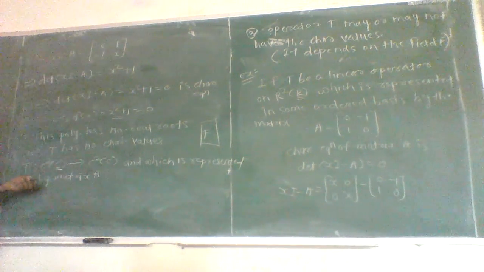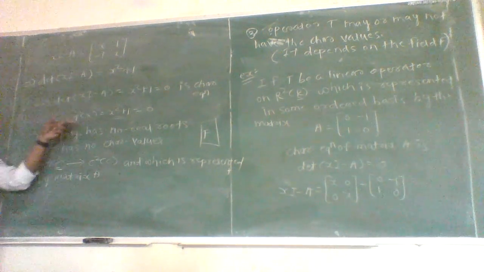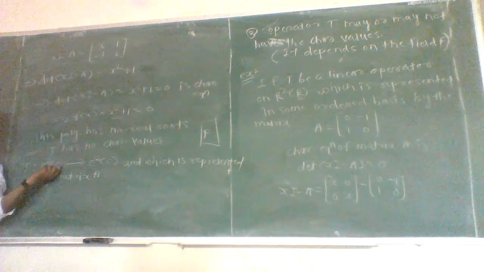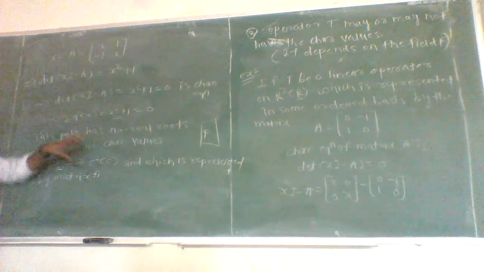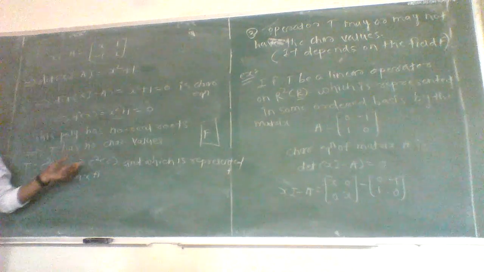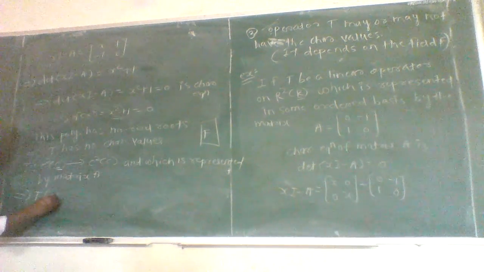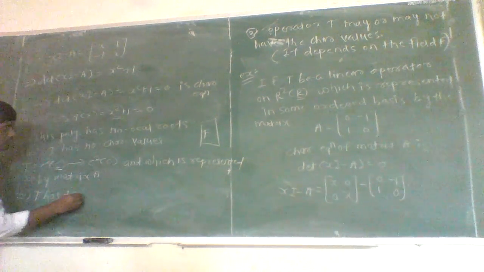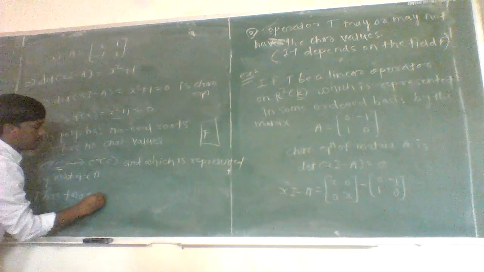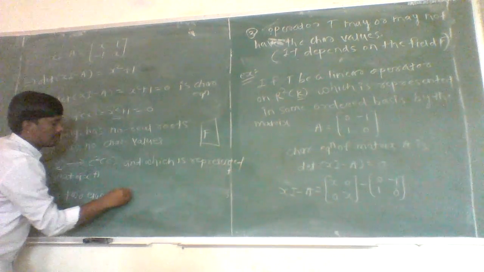As here the field is C, the eigenvalues i and minus i belong to C. So the linear operator T has two eigenvalues or characteristic values, i and minus i.